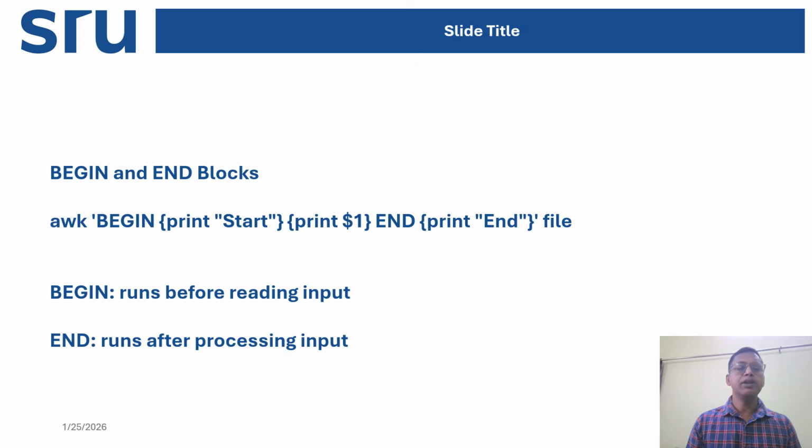What is the meaning of BEGIN? BEGIN runs before reading the input. What about END? It runs after processing the input. Before processing the input, that is BEGIN. After processing the input, that is closing. This is the meaning of the keywords BEGIN and END.